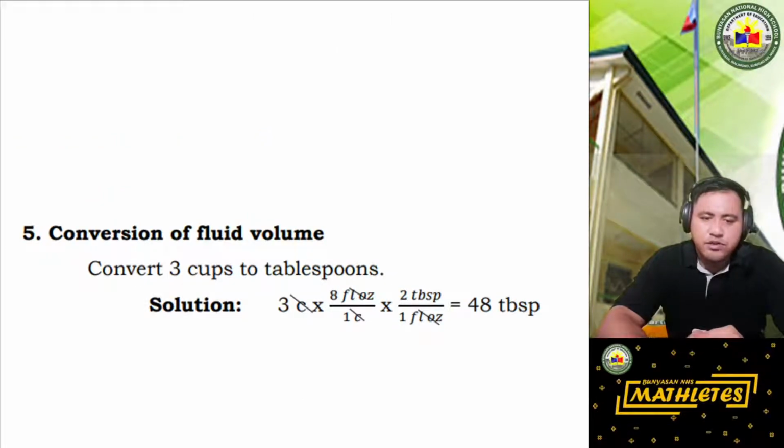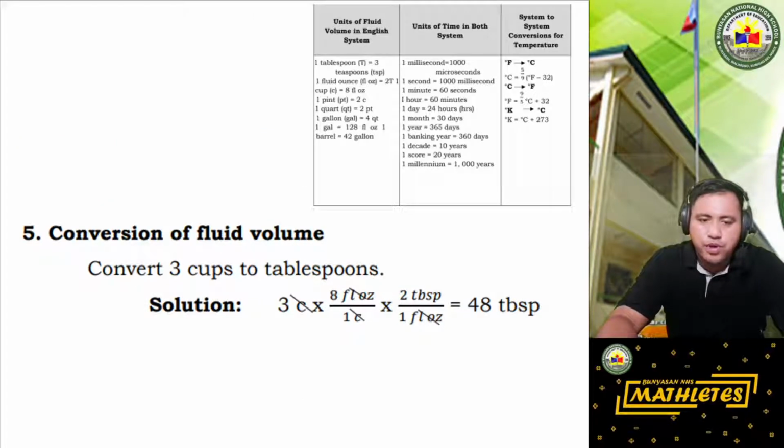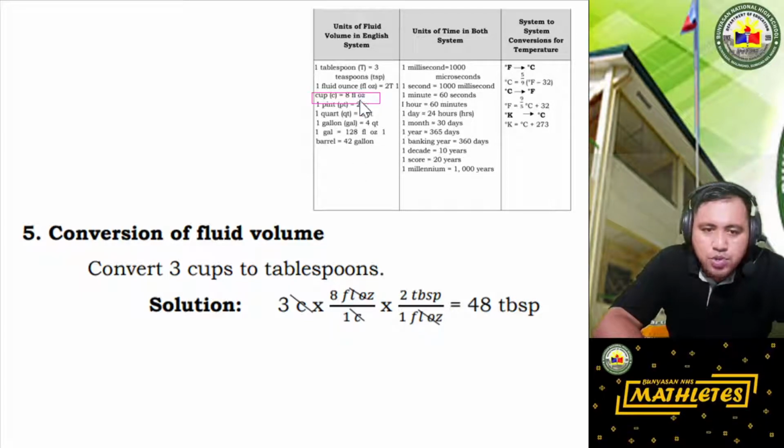Okay. Next is conversion of fluid volume. Convert 3 cups to tablespoon. So we have 3 cup. The cup to fluid ounce, then fluid ounce to tablespoon. So we have 8 fluid ounce is equivalent to 1 cup.